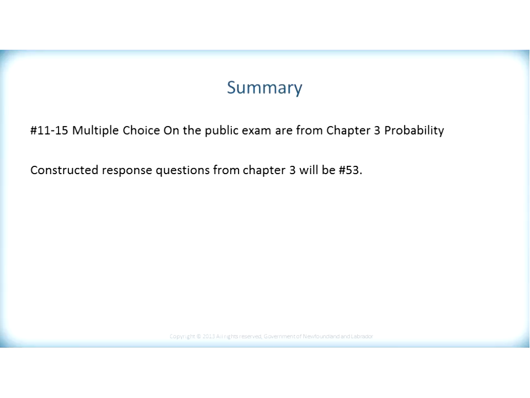So we have that multiple choice number 11 to 15 on the public exam is the probability questions from the probability chapter. Our constructed response questions from chapter 3 will be number 53, and you can expect it to have an A and a B section, maybe even A, B, and C. What we didn't see on this sample is using counting methods to determine probability, and we didn't see here the conditional probability problems.